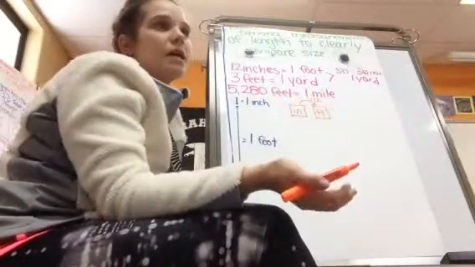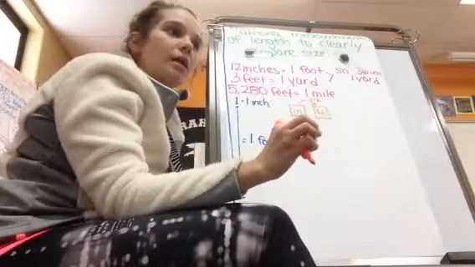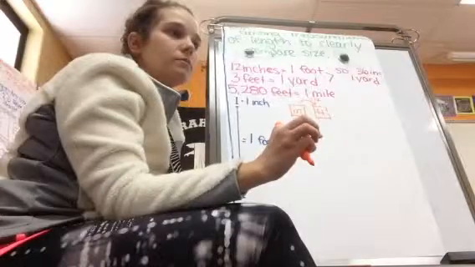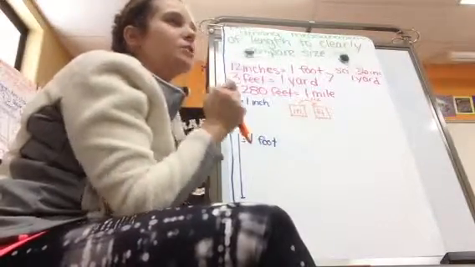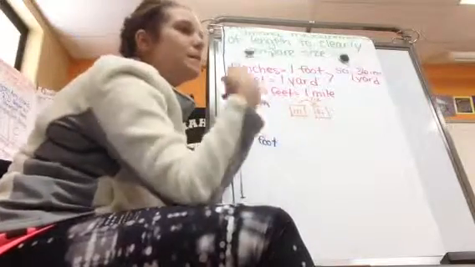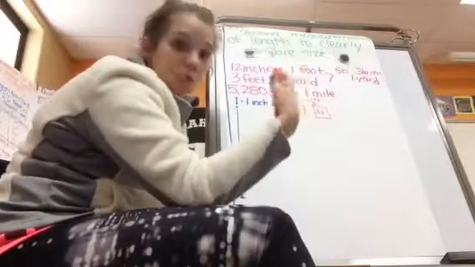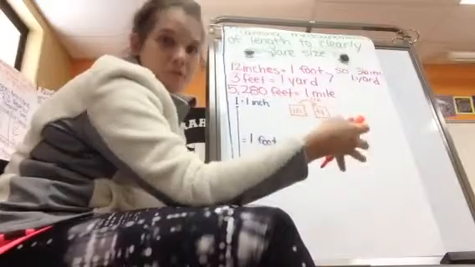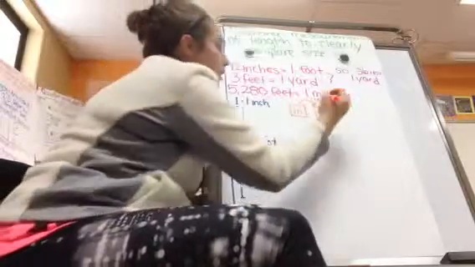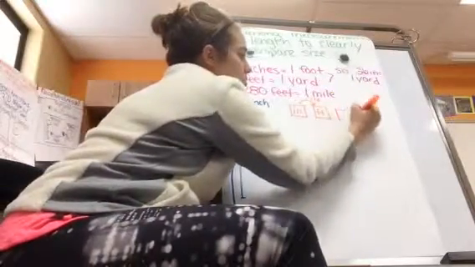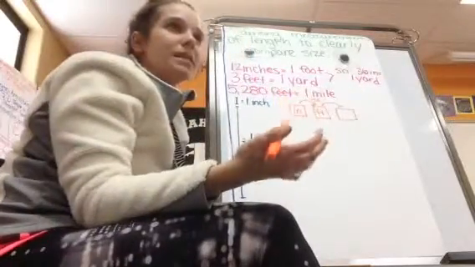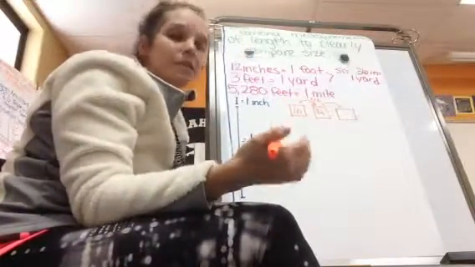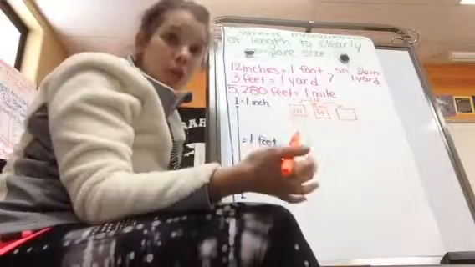Like if the question says, how many inches are in... well, no, that would be backwards. Okay, so if it says, how many feet are in 48 inches, then you would divide by 12. And if we're going to yards, if you have a problem that says, I have 36 feet, how many yards is that?